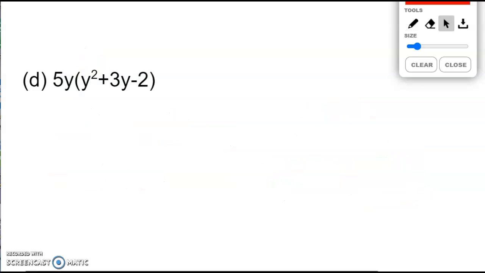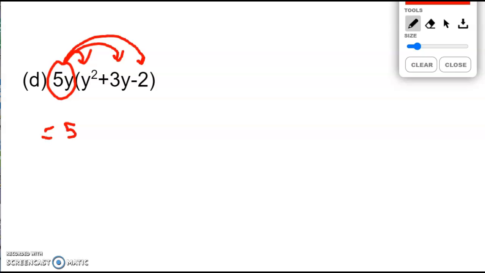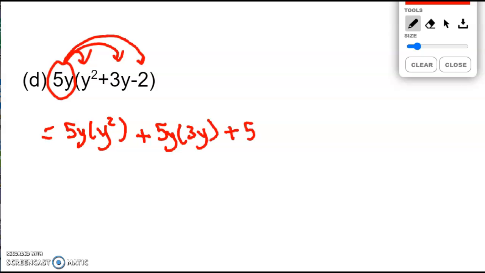Okay, and then finally, 5y is being multiplied to y squared plus 3y minus 2. So again, let's separate this. 5y is being multiplied to y squared, and to that, you're adding 5y being multiplied to 3y, and to that, you're adding 5y being multiplied to negative 2.